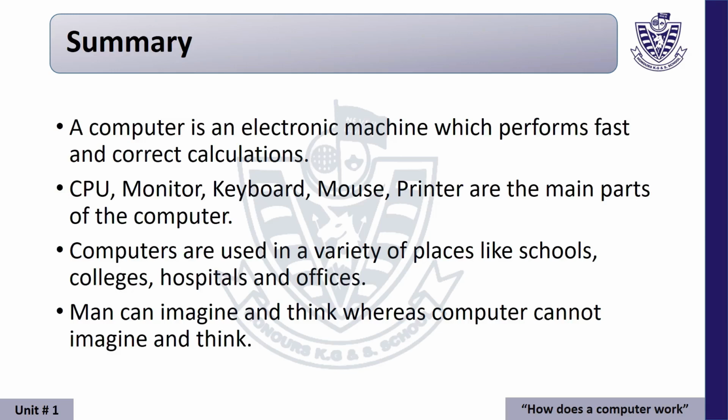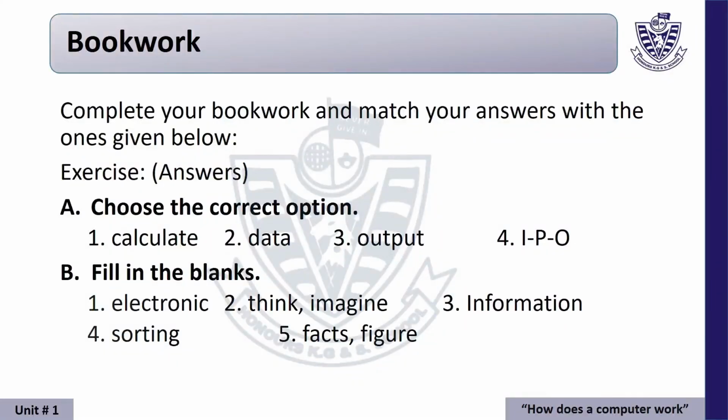Students, open page number 9. Bookwork. Complete your bookwork and match your answers with the ones given below. Question number 1, A part. Choose the correct options. Students, here are some multiple choices. Choose one correct answer and put it in the blank. B part, fill in the blanks.